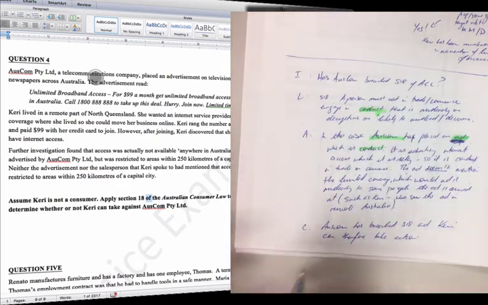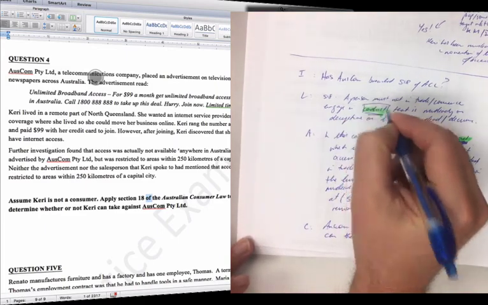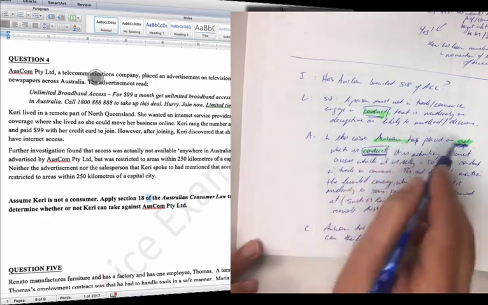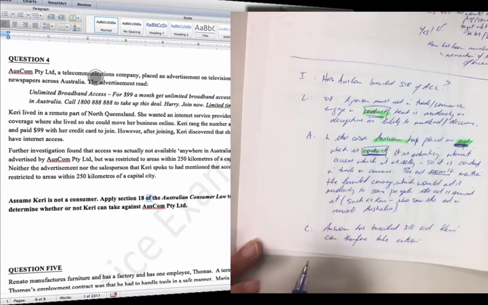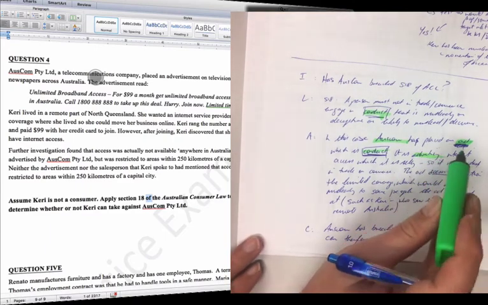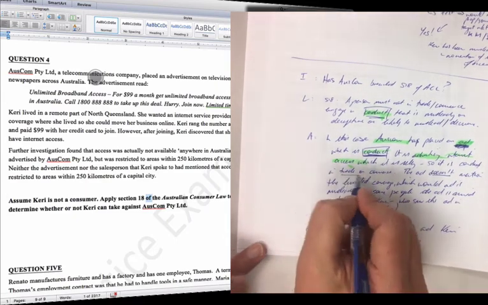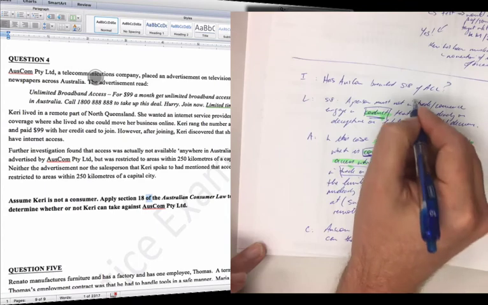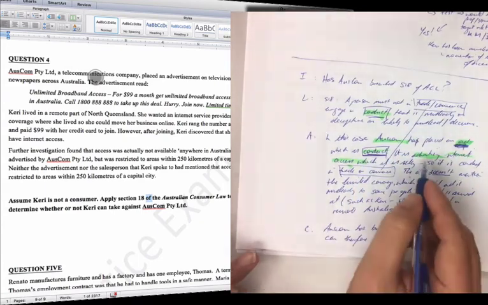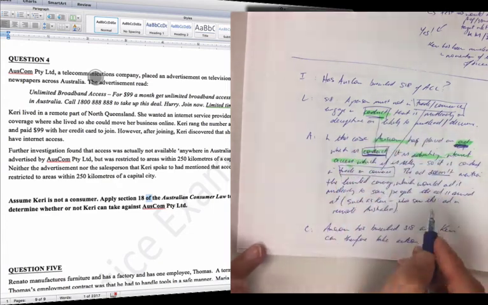So I'm using the conduct element and showing what the conduct is in terms of the facts. I'm also then using facts that they're advertising internet access, which is selling, so it's trade or commerce. Okay, so again, I'm showing the facts with the boxed law.